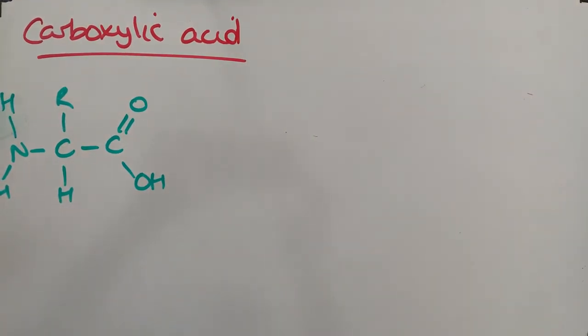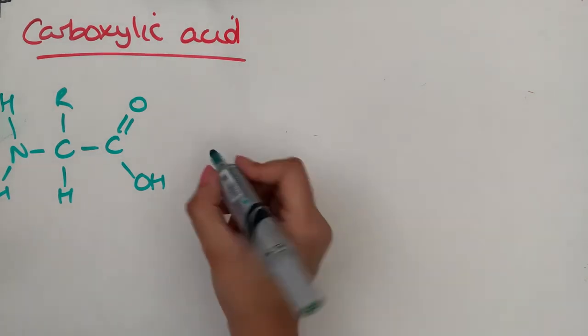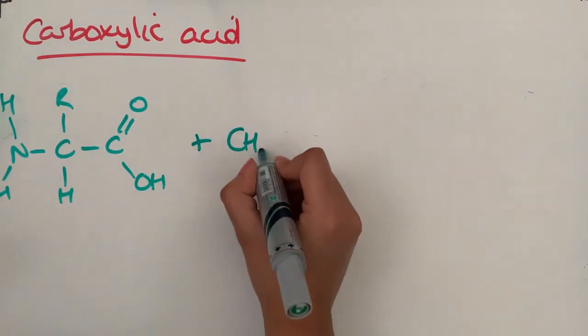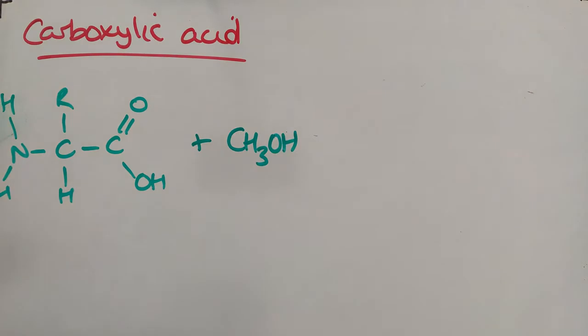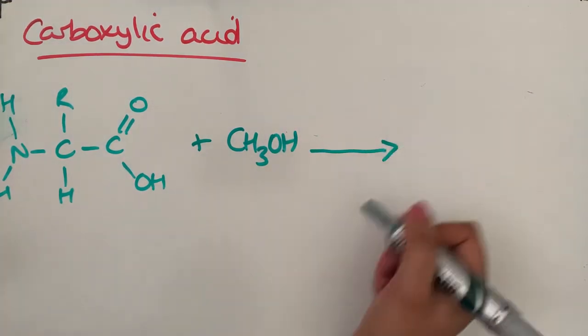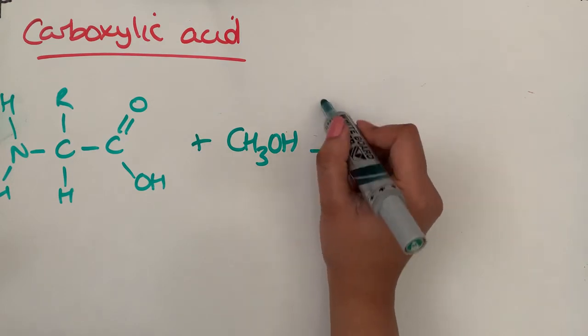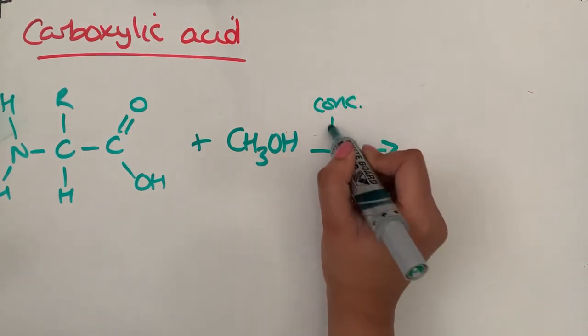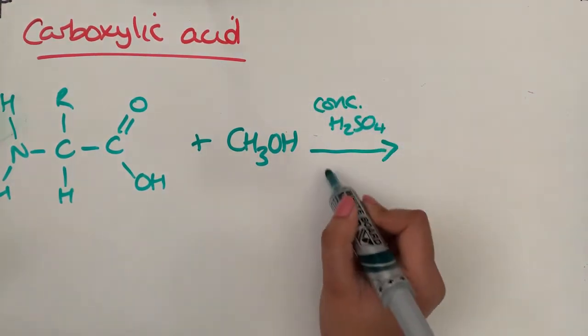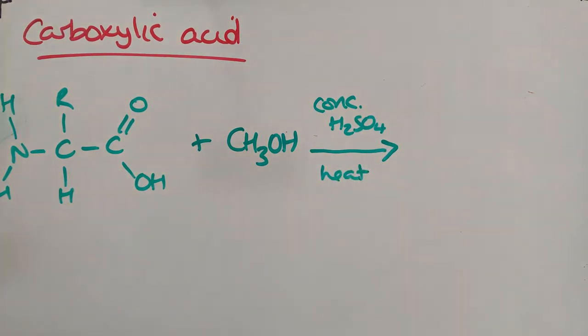So carboxyl groups react with alcohols to form esters. So we can do the same thing here. I'm just going to react it with methanol. Conditions wise, remember, you have to have concentrated acid, so concentrated sulfuric acid. You must heat it. Let's have a look at what that forms here.